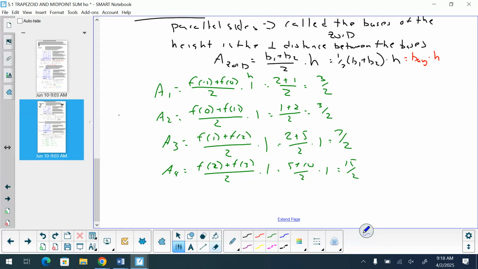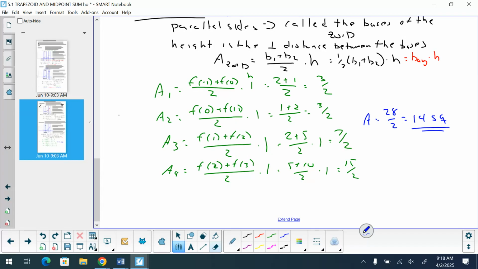So we have 3 plus 3, that's 6, plus 7, 13, plus 15 is 28 over 2, which is 14 squares. Is this the most accurate one? This is probably your most accurate. This is a very good approximation.